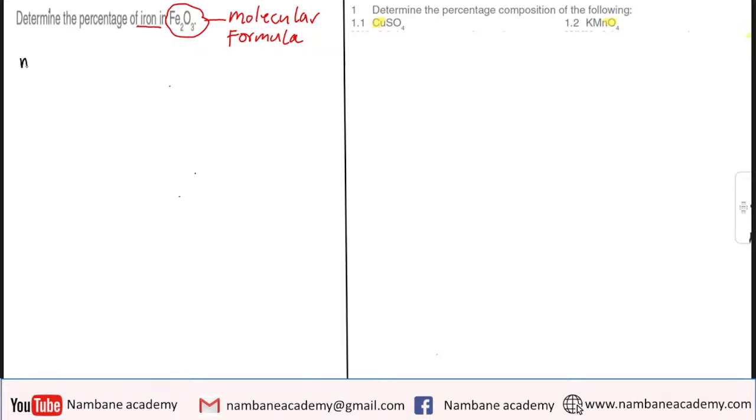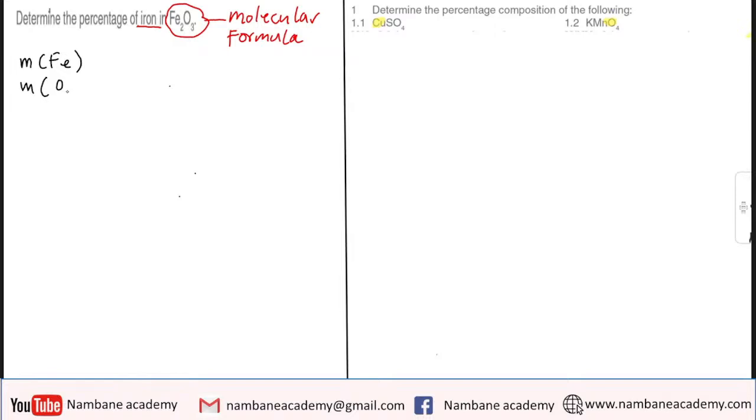So what do we have? M of iron. We also have M of oxygen. That is now us using the periodic table to identify the molecular mass of each element. Let me just quickly write it here.